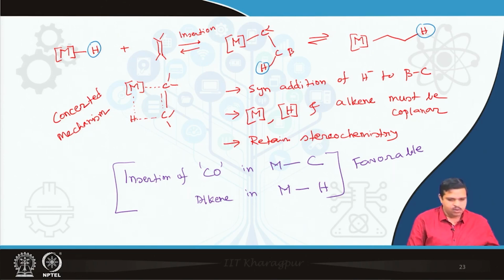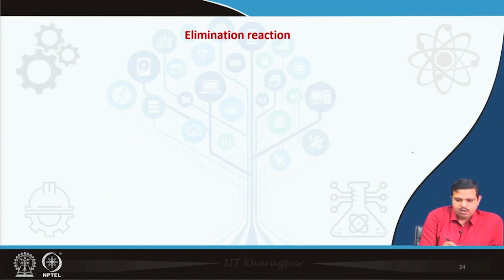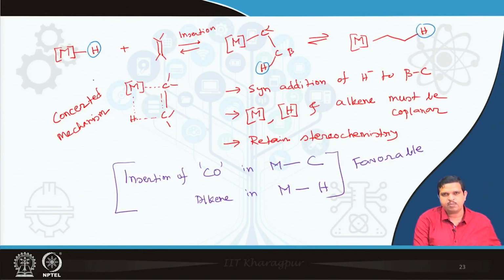Okay. Now, how do insertion reactions happen? We know oxidative addition and reductive elimination, and we know the relation between them. So, basically reductive elimination is just opposite to oxidative addition. So, now you think about what will be the opposite of the insertion reaction.